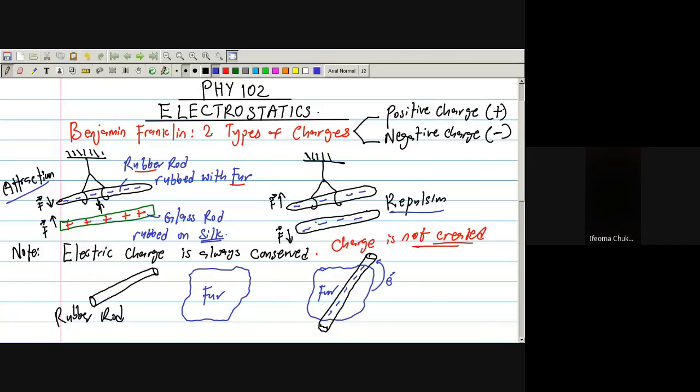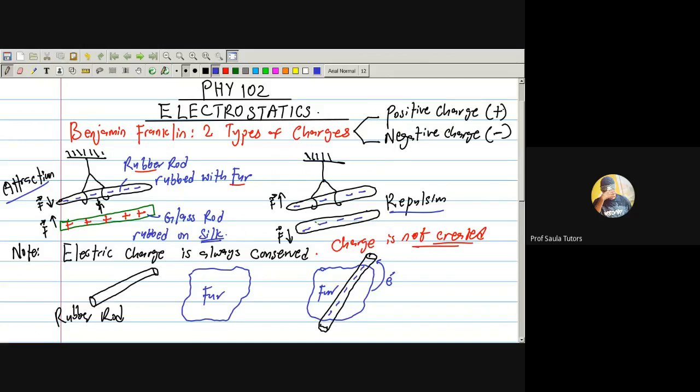So the glass rod has a net positive charge because it lost electrons. Now that it is no longer balanced, it has more positive charges than it had initially, because it gave out electrons to the rubber rod. Exactly.